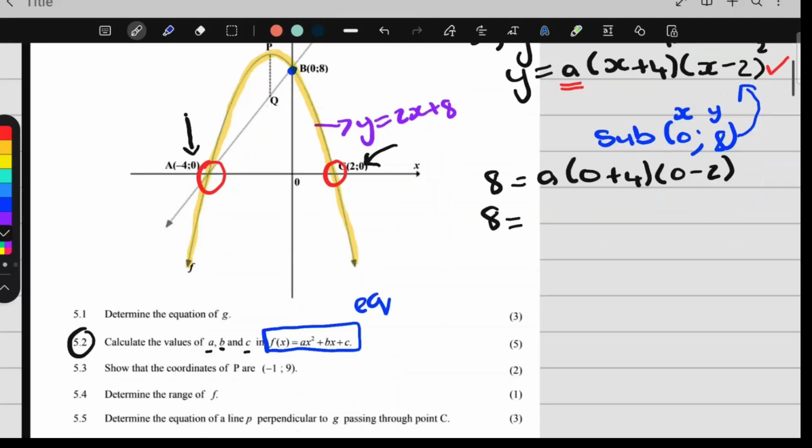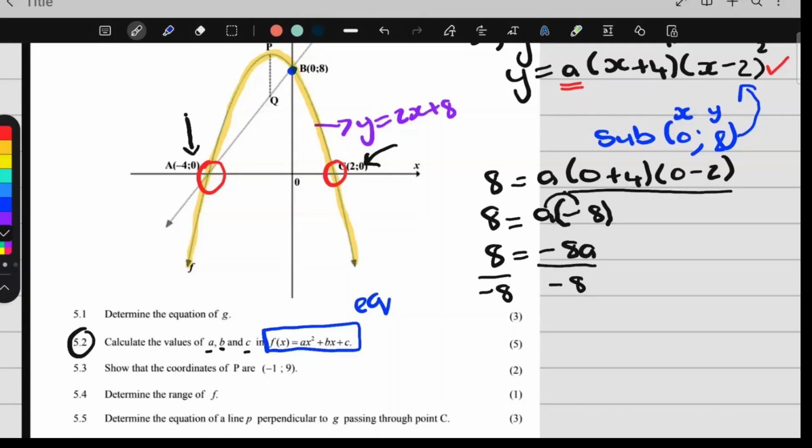This is 8. And this whole thing, you can put that in your calculator so you don't make mistakes. I get negative 8. But remember, it's times negative 8. So then I remove the brackets. This times this is negative 8. Divide by the number in front of a. So divide by negative 8. And I get a to be negative 1.